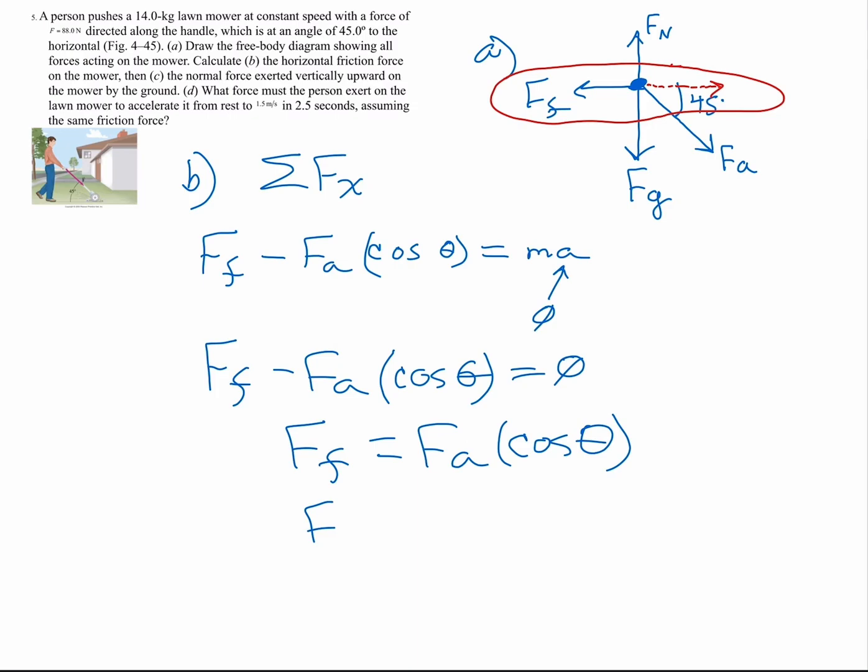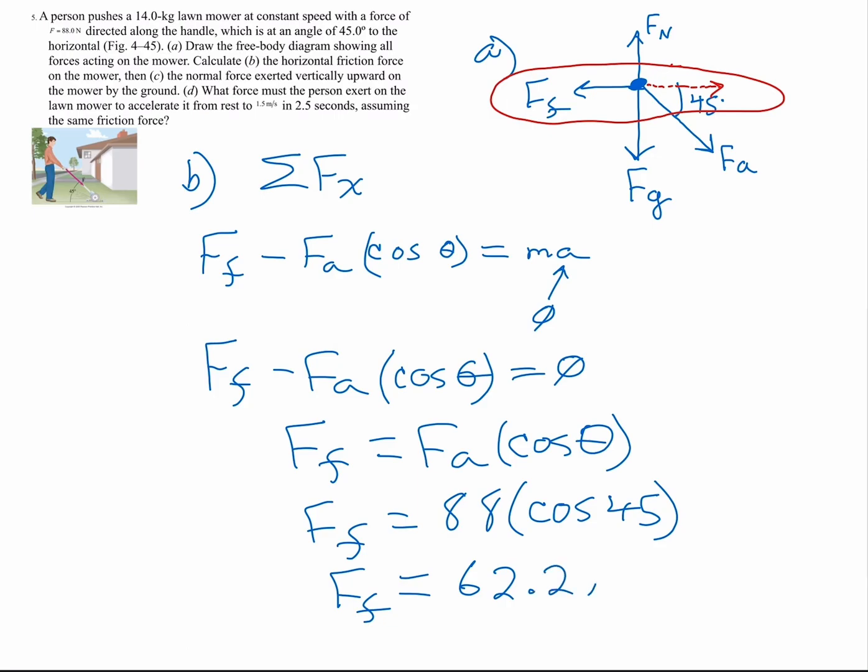And if I put some numbers in here, the F_a is 88 according to the question. The angle is 45. Make sure your calculator is in degrees mode, and you can calculate the force of friction. And I got roughly 62.2 newtons. Circle that. That is my answer.